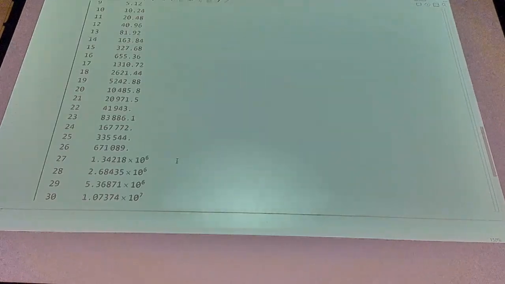So 10 to the 7th is $10 million. You'll wind up with $10.7 million if you take the doubling option. Clearly the superior option.